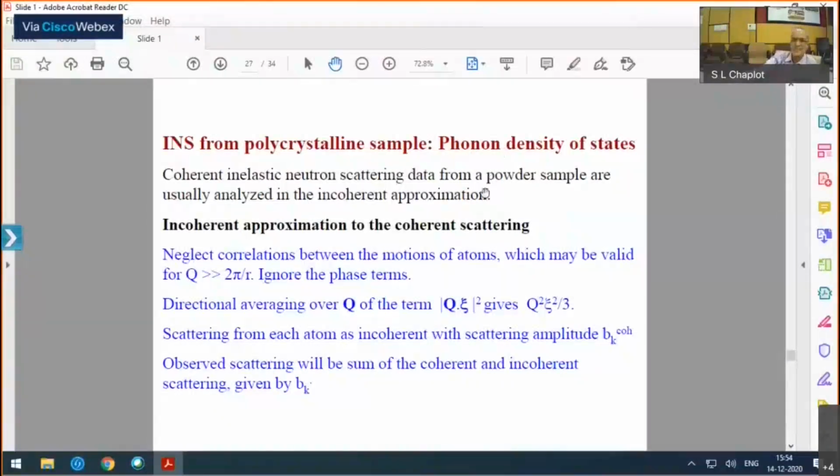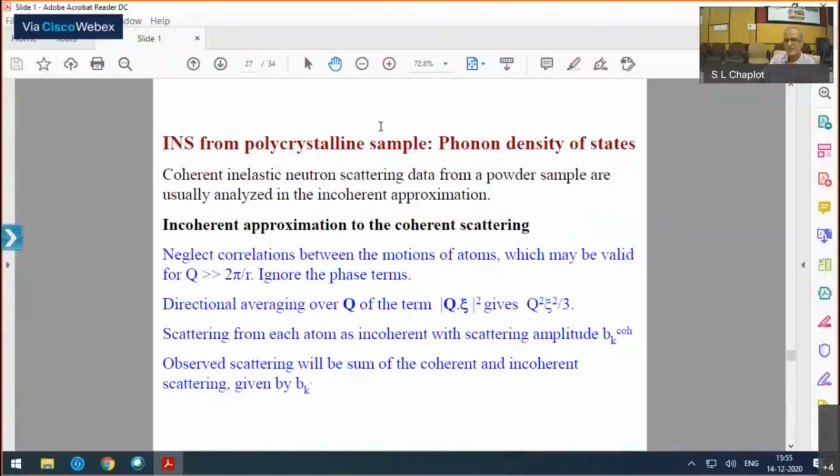Now, this is used when either single crystals are not available or you are interested in only getting general information. Well, this is also relevant because with a single crystal, often we measure phonons along either some very high symmetry directions, where there is a good selection possible between different phonons, or along low symmetry directions, which are not along, let's say, the crystallographic 100 kind of directions, but any arbitrary point in the Brillouin zone.